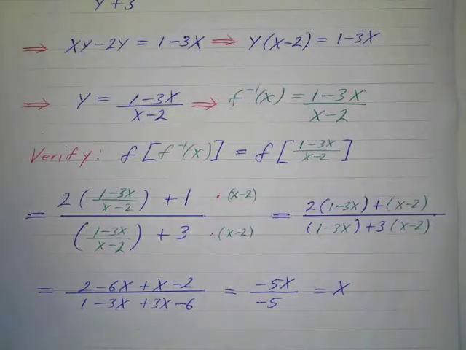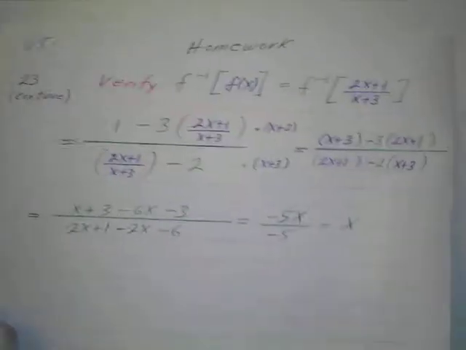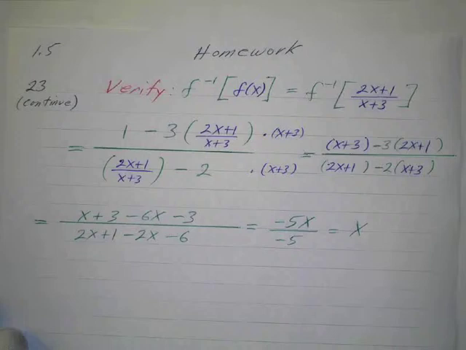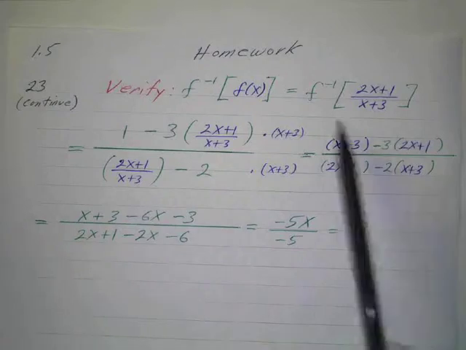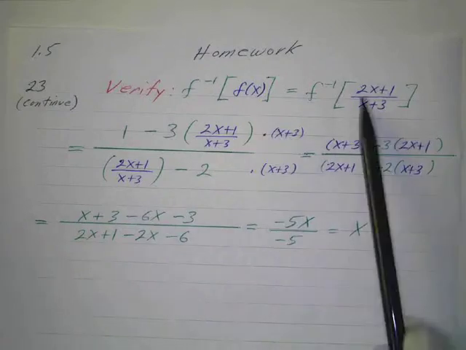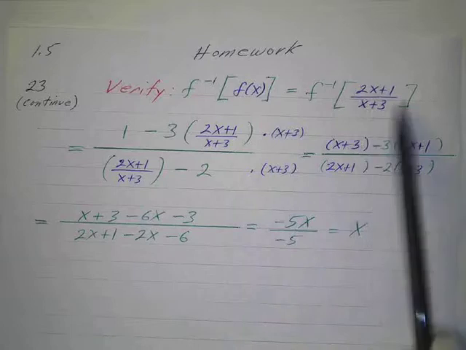And now we have to do the second part. Verify that f inverse of f of x does indeed equal x. This is 23 continued, it's kind of a long one. So again, f of x, remember, was 2x plus 1 all over x plus 3, so we'll put this in.